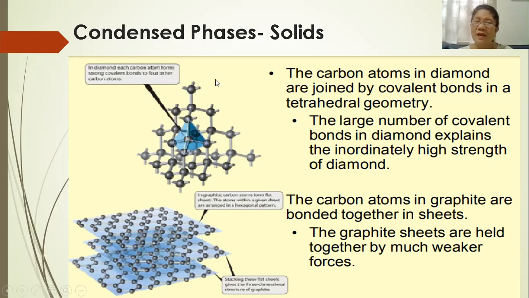These are covalently bonded with how many? 4 neighboring atoms. 1, 2, 3, 4. Then 1, 2, 3, 4. So it is difficult to break. The large number of covalent bonds in diamond explains its high strength.